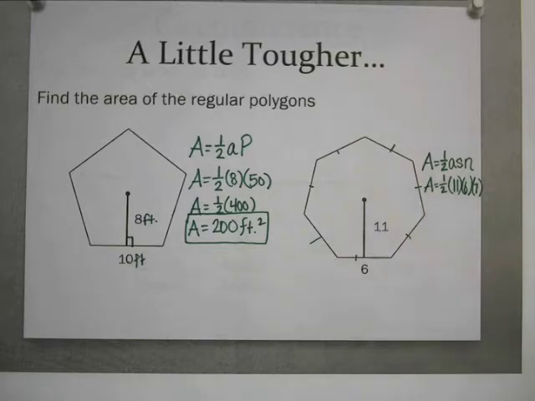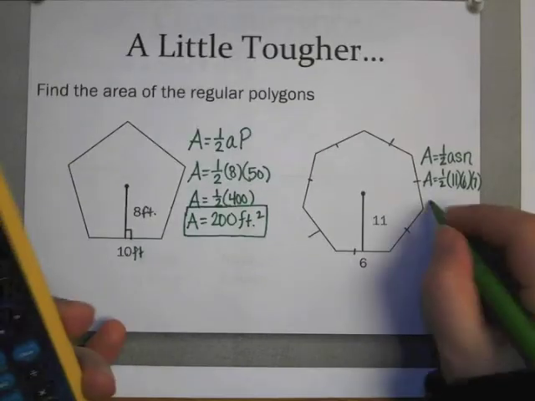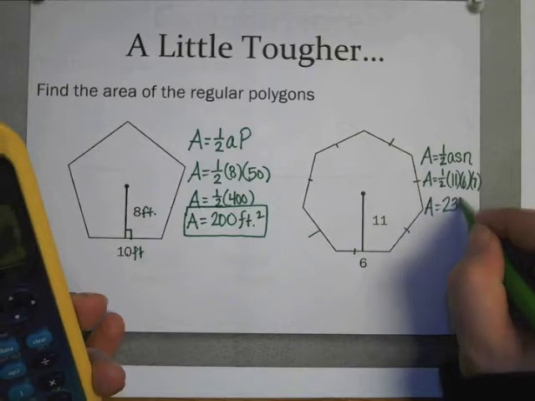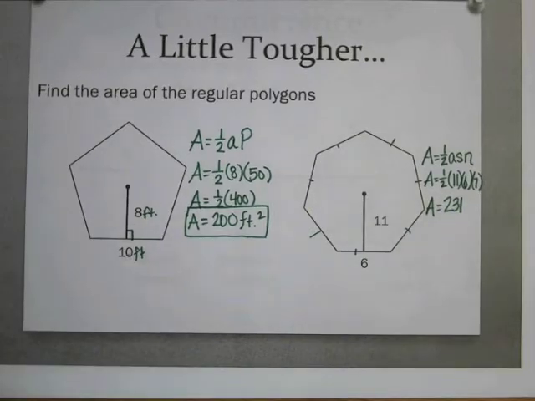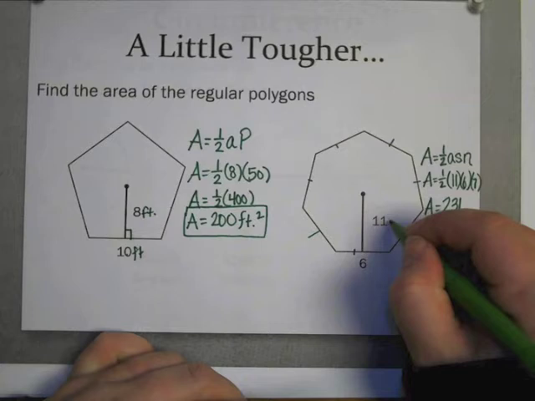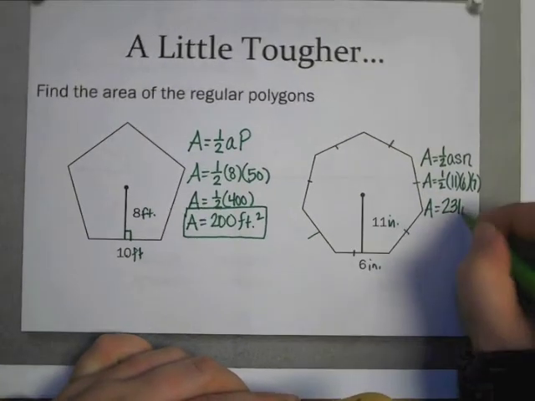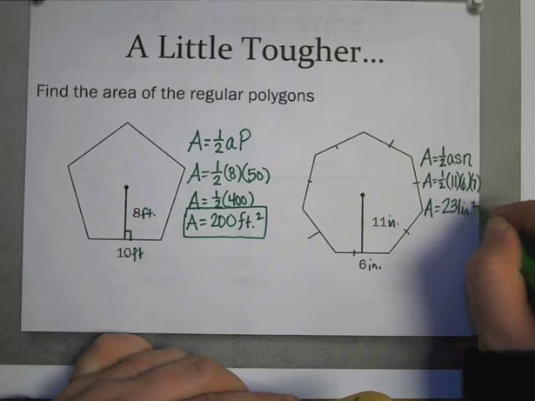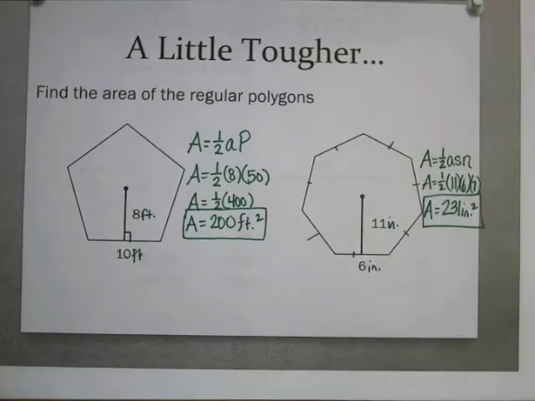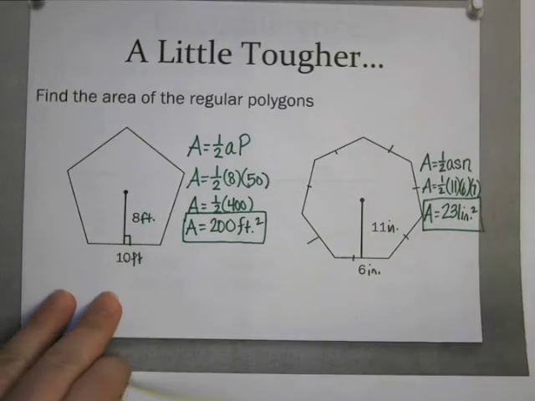So let's take 0.5 times 11 times 6 times 7. And I got 231. Let me check that again. Yep, looks good. So let's say those are in inches. That would mean the area is 231 inches squared. So again, all you're doing to find area is plugging into the formula given and then solving.